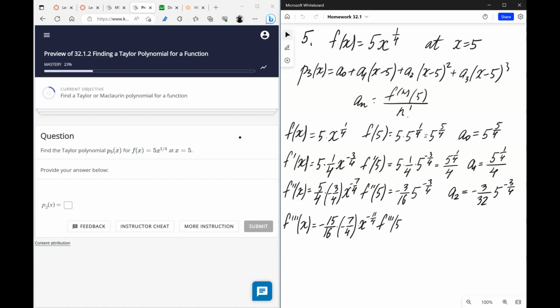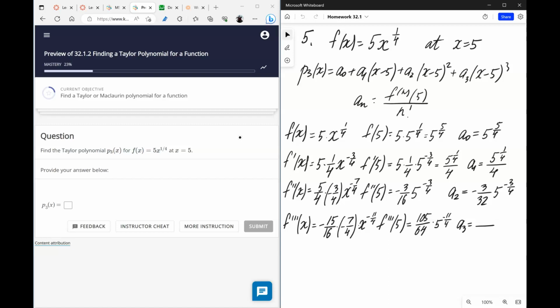Evaluating the third derivative at 5 will give us this, and a3 will be 1/6 of this, because we have to divide by 3 factorial.